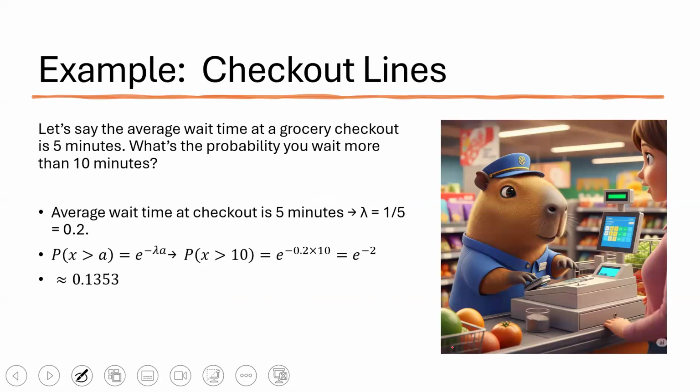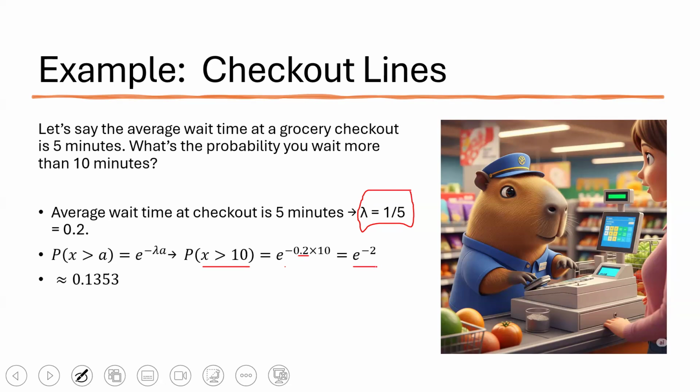Let's say the average wait time at a grocery checkout is 5 minutes. That gives us lambda equals 1 over that 5 minutes, or 0.2. What's the probability you wait more than 10 minutes? So the probability of waiting more than 10 minutes is e to the negative lambda, so 0.2, times 10, or e to the negative 2.